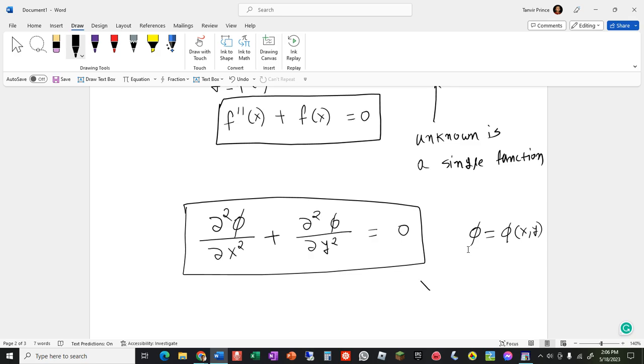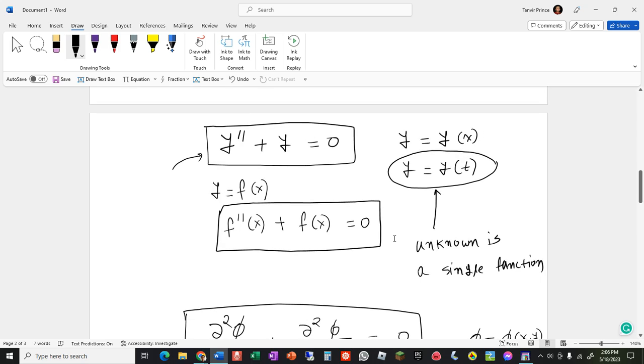This type of differential equation is what we call a PDE, which stands for partial differential equation, because it involves partial derivatives. And all the examples that I did previously, for example this one, are called ODE, ordinary differential equation.